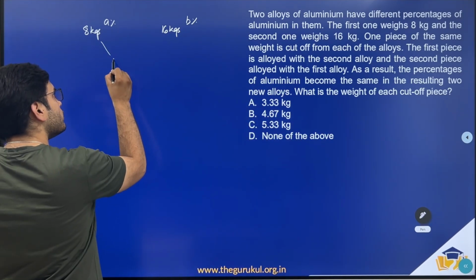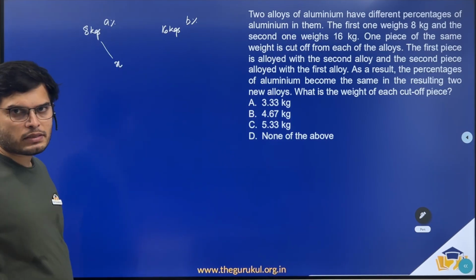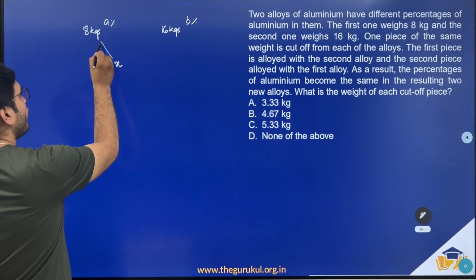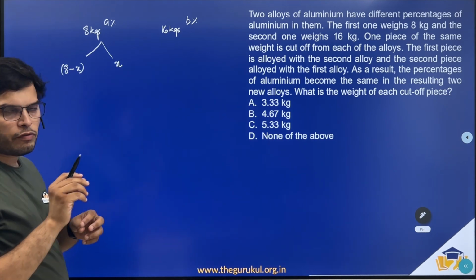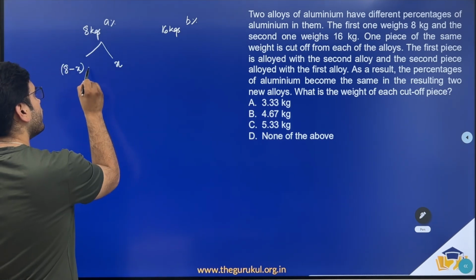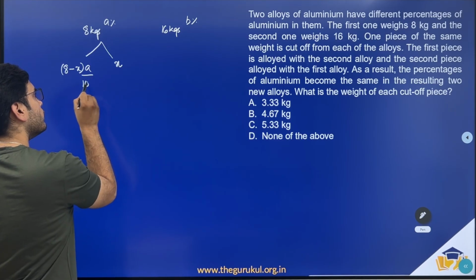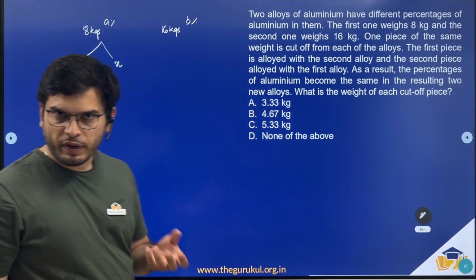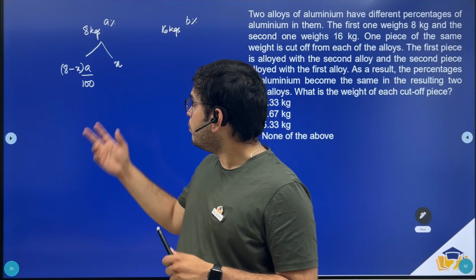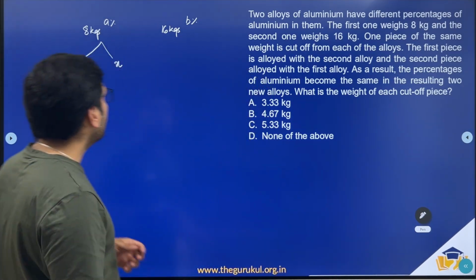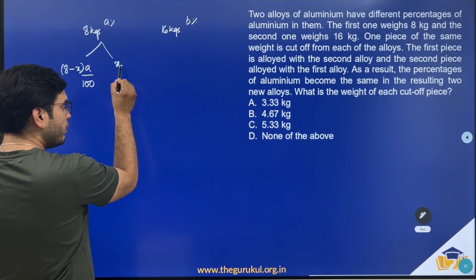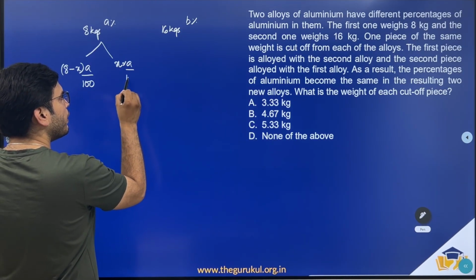So let that piece's weight be x kgs. So we have 8 minus x kgs of alloy with A% aluminium. So the total aluminium in this piece would be (8 minus x) into A by 100. Now similarly, the total quantity of aluminium in the cut piece would be x into A by 100.